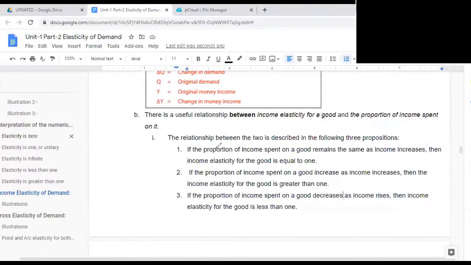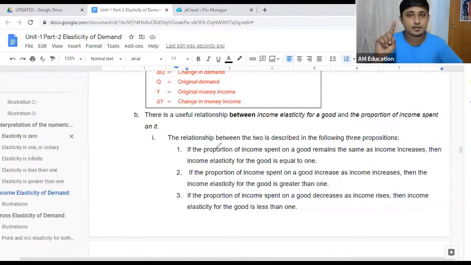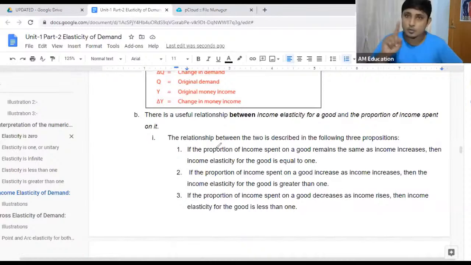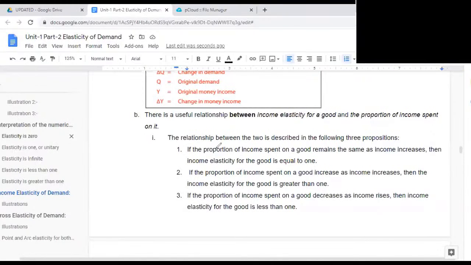Income and proportion. The proportion of income that is spent and the change in income.